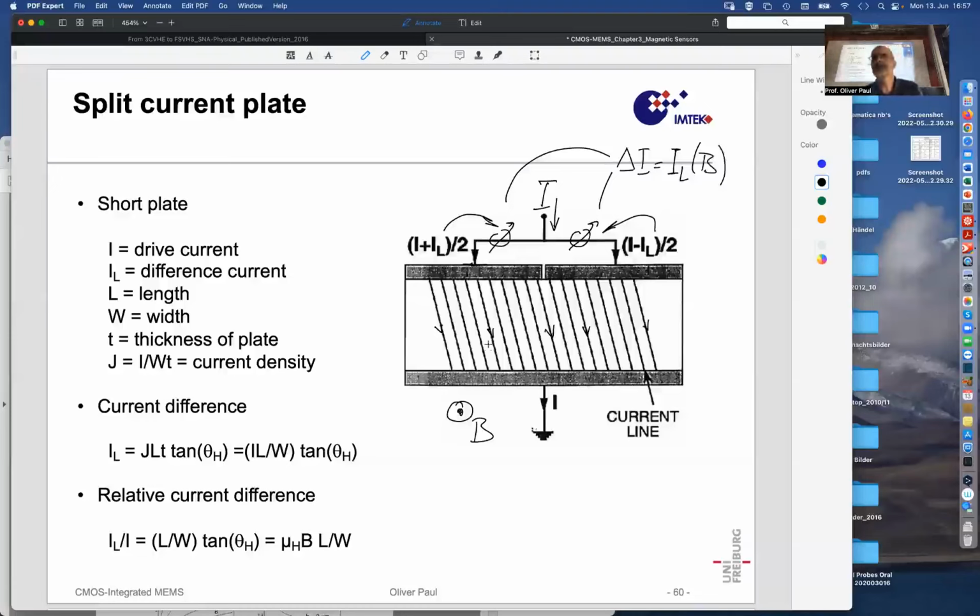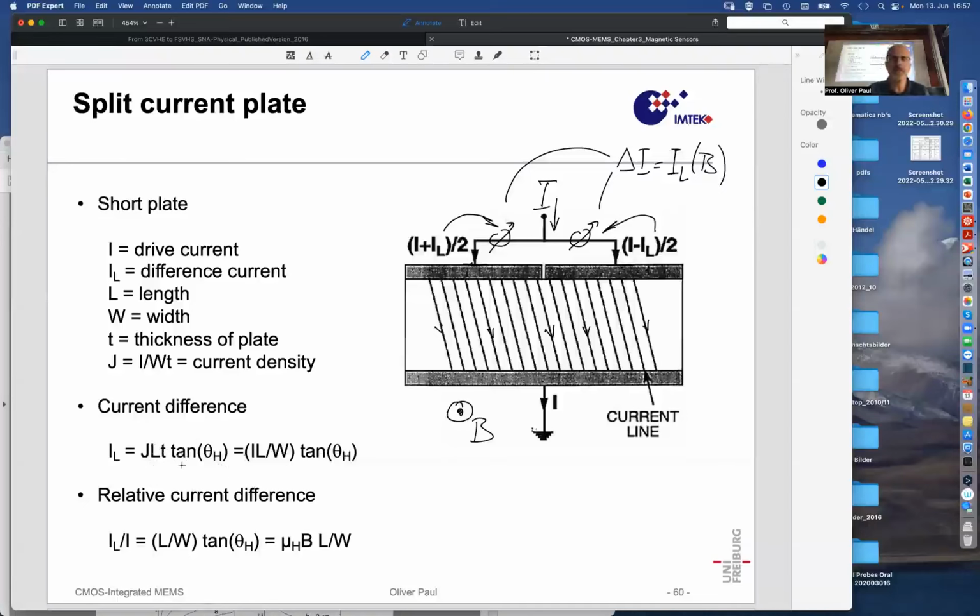And so you can ask, is that better? No. If you do an analysis, you can calculate the current difference based on some geometrical considerations. And then you will say, okay, so there's the current density times the length of the contact times the thickness, and then some tangent hyperbolicus.